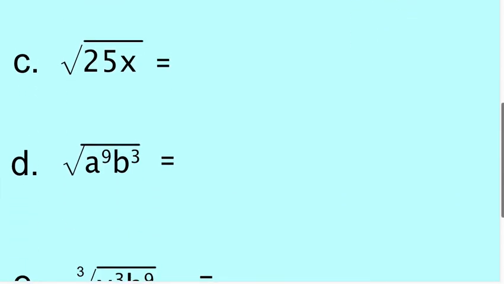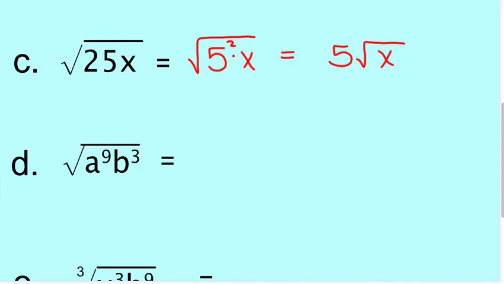All right, square root of 25x. 5 times 5 is 25x. So what's coming out? A 5, leftover, an x. Next one: a squared, a squared, a squared, a squared, a, b cubed, oops, b squared and a b.